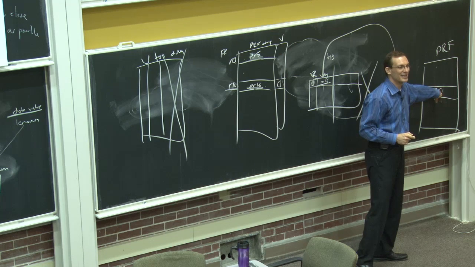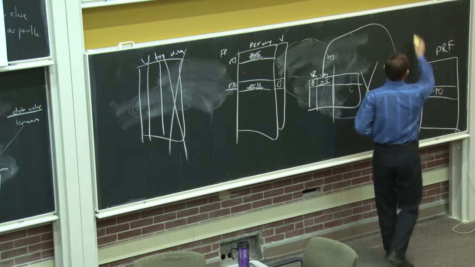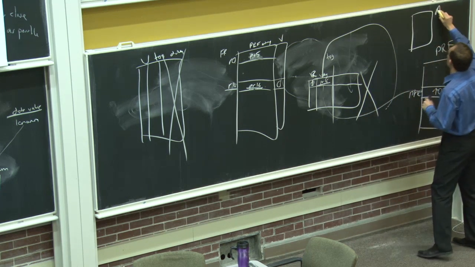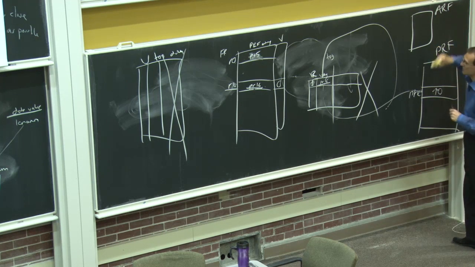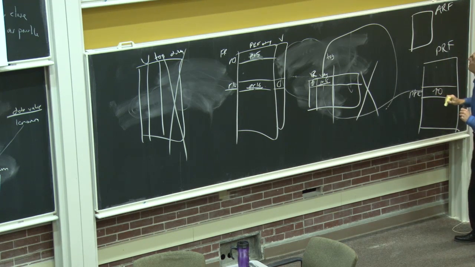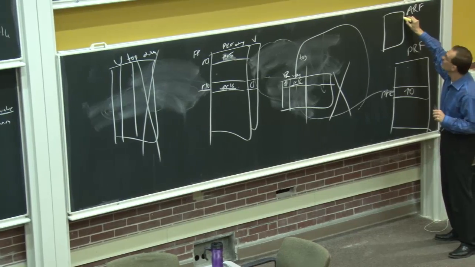Now what do I mean by that? What I mean is the architectural register file. Remember, the architectural register file is updated when instructions are committed. It's at the back end of the machine. It doesn't need to contain data anymore.